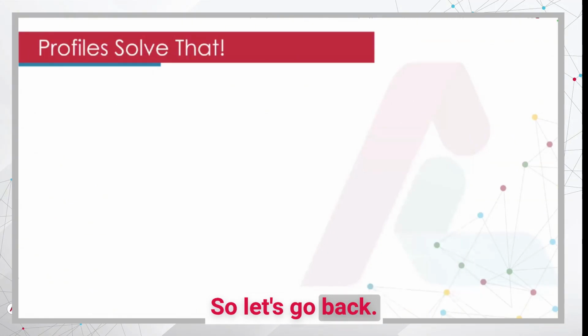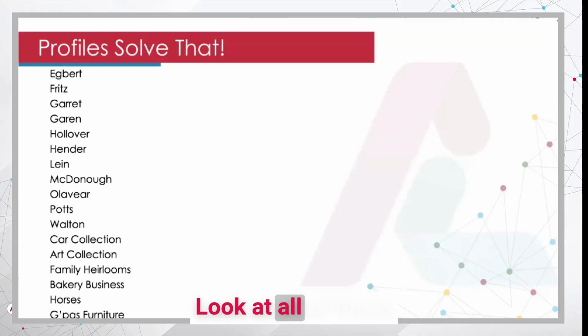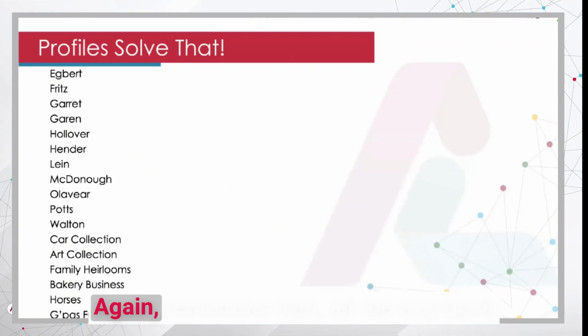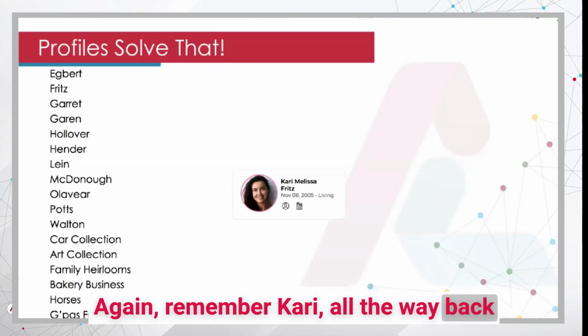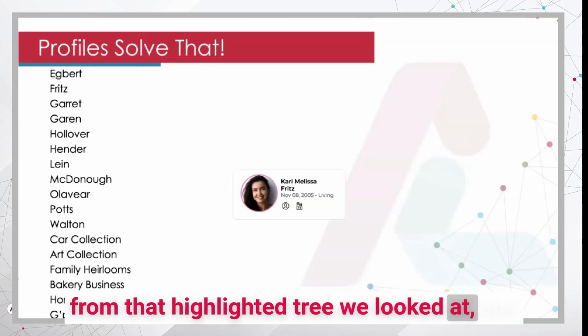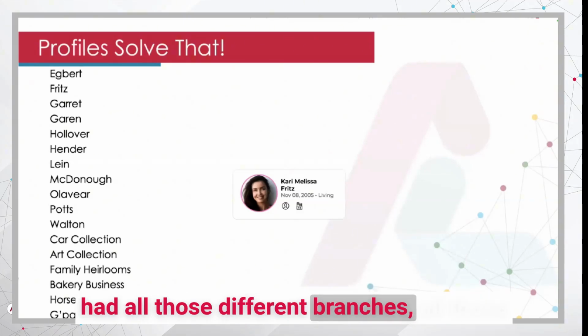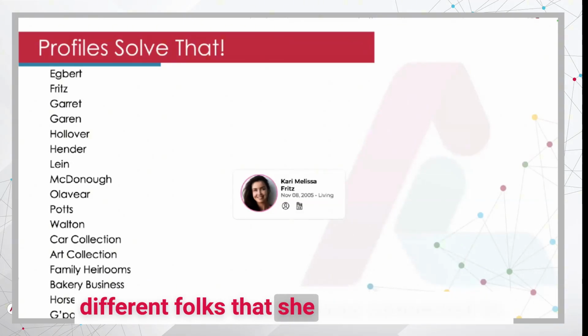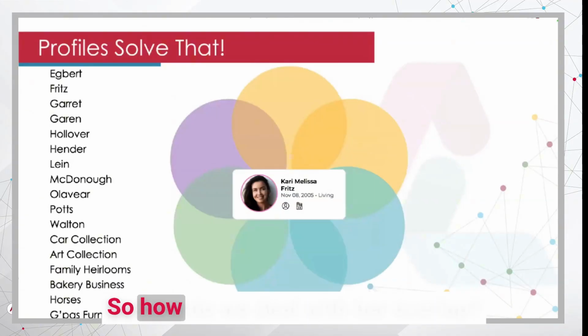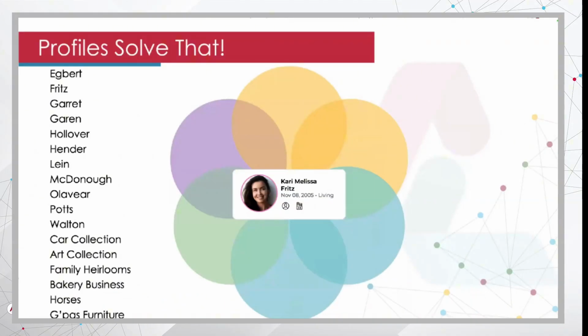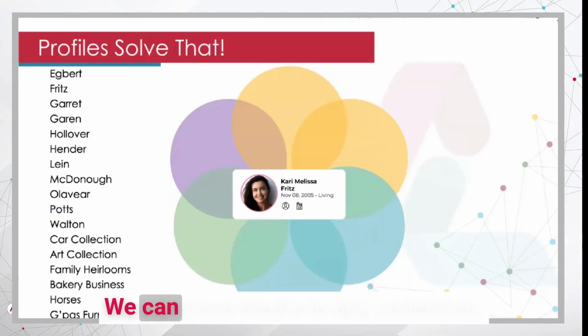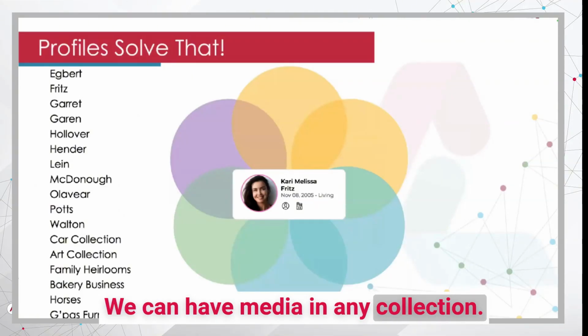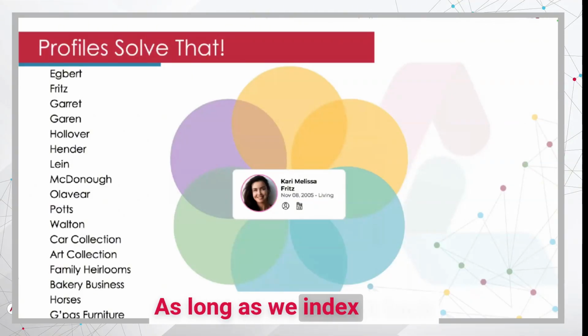So let's go back and look at all of those collections that we opened again. Remember Carrie, all the way back from that highlighted tree we looked at? She had all those different branches, all those different folks that she was connected to. So how do we deal with her overlap? It's the indexing. We can have media in any collection, and as long as we index it back to Carrie, it's going to show up.